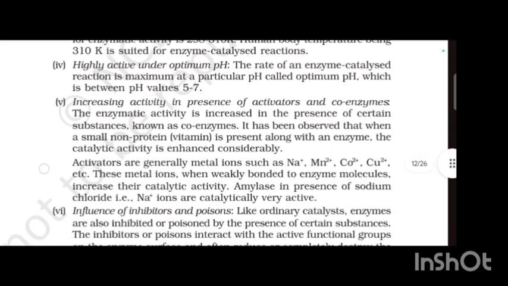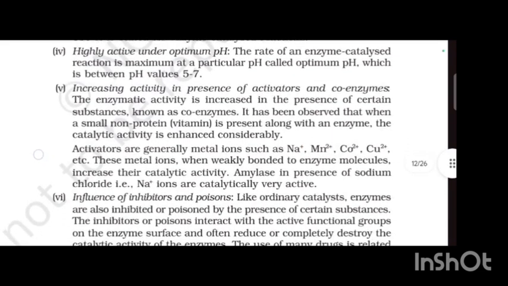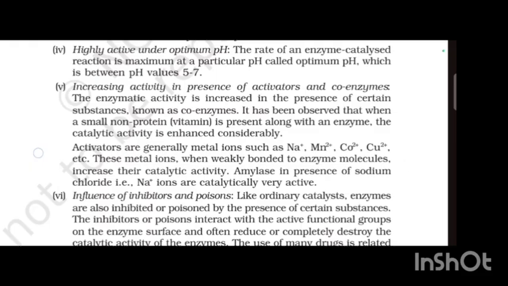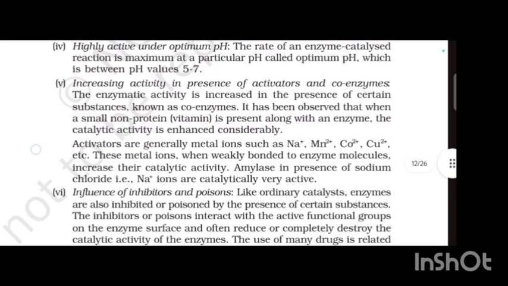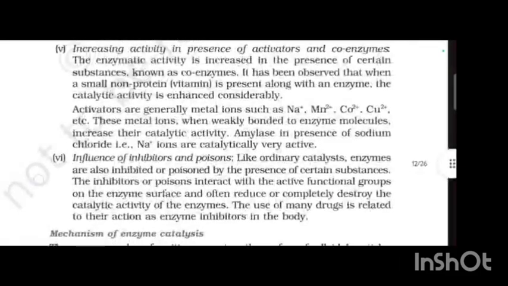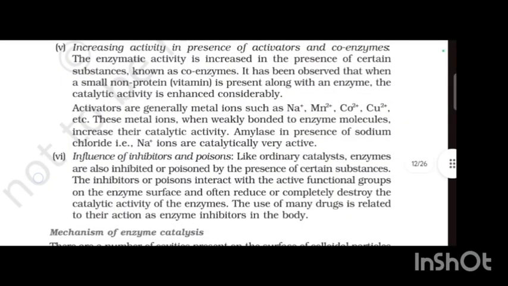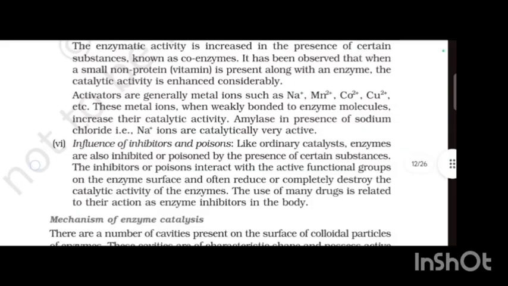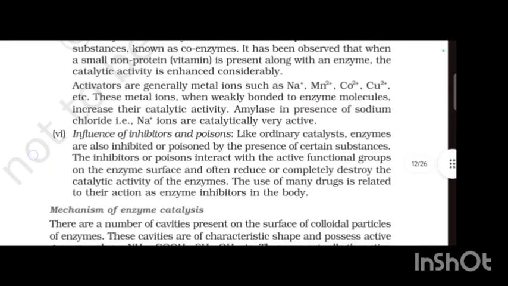Fourth, highly active under optimum pH. The rate of an enzyme catalyzed reaction is maximum at a particular pH called optimum pH, which is between pH values 5 to 7. Fifth, increasing activity in presence of activators and coenzymes. The enzymatic activity is increased in the presence of certain substances known as coenzymes.